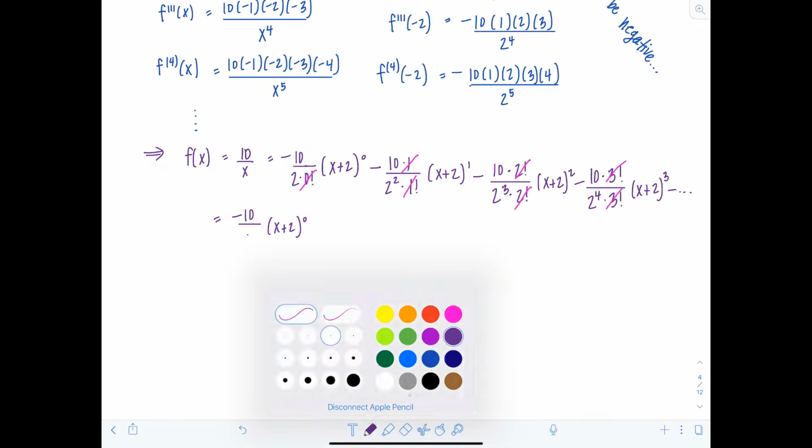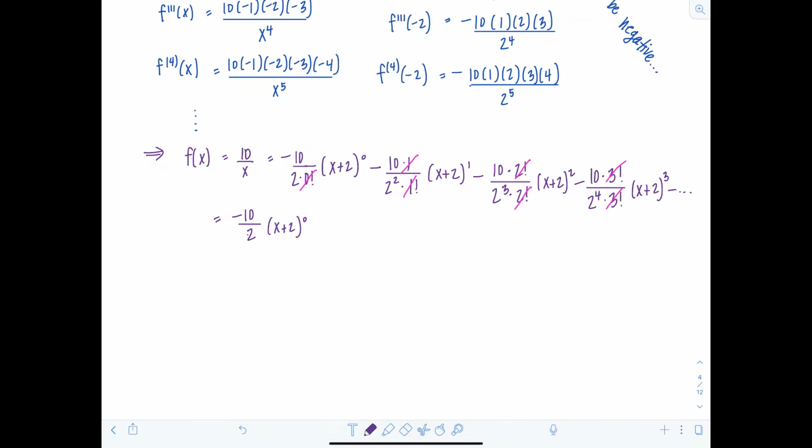So I'm just going to leave that as a 2. Then the next term, I can write it as negative 10 over 2 squared times x plus 2 to the first, minus 10 over 2 cubed times x plus 2 squared, minus 10 over 2 to the 4th times x plus 2 cubed, minus, etc.